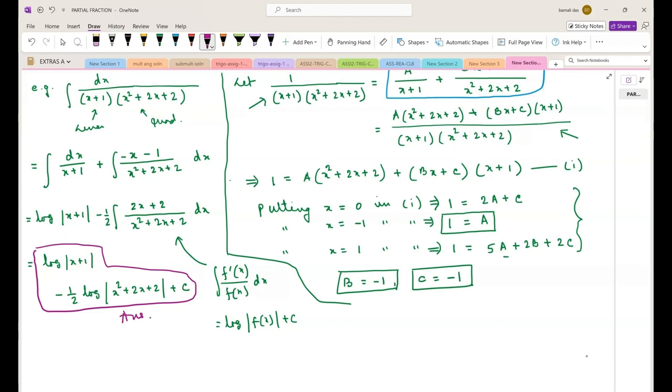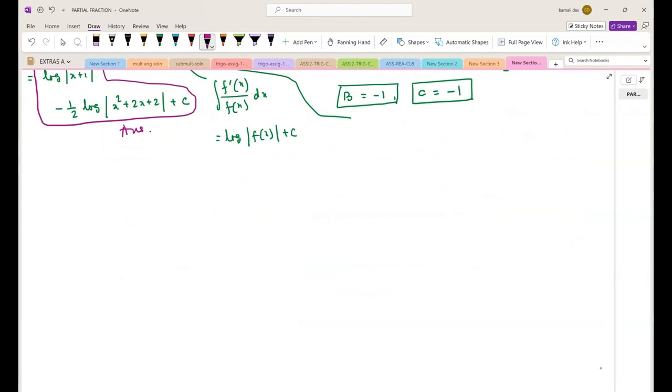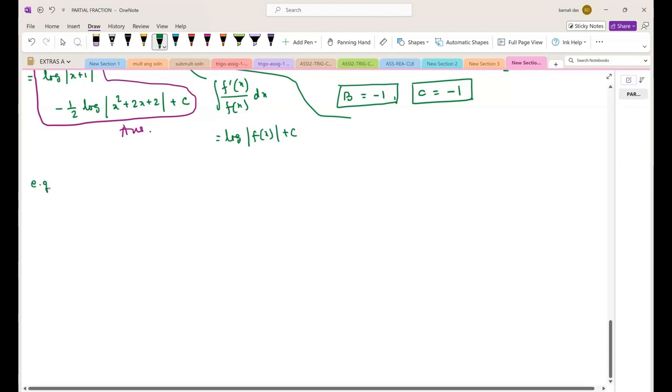Let's check out sum number 9 from your NCERT exercise on partial fractions. So this is another example from your NCERT exercise. In my book, it is 7.5, sum number 9. So I won't do the whole sum, just discuss it.